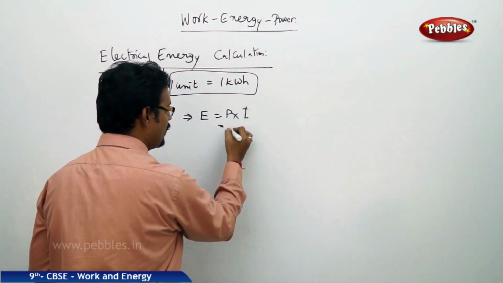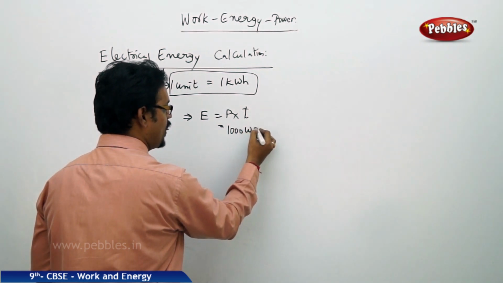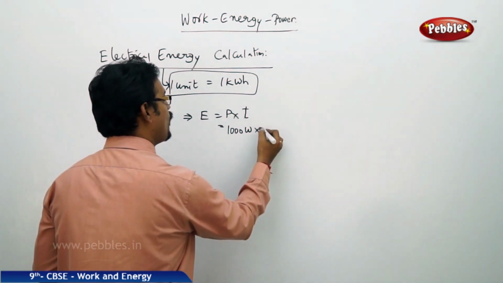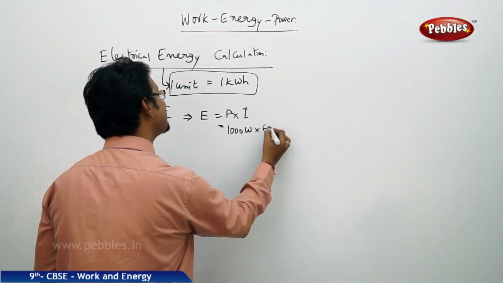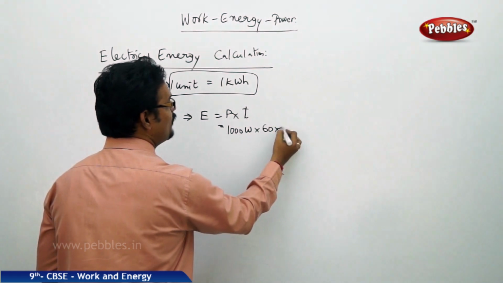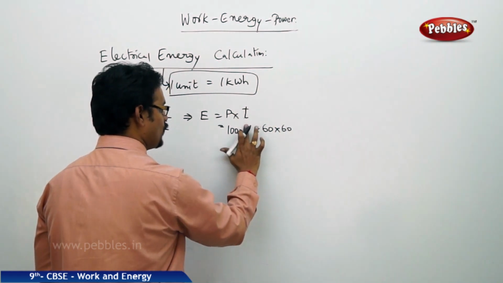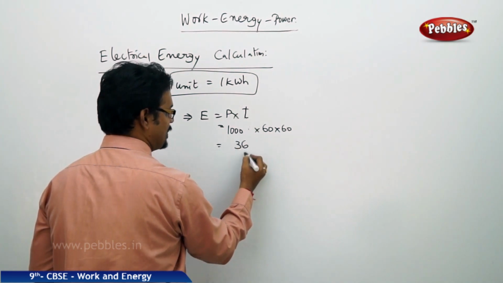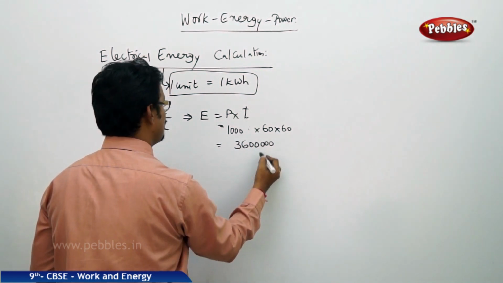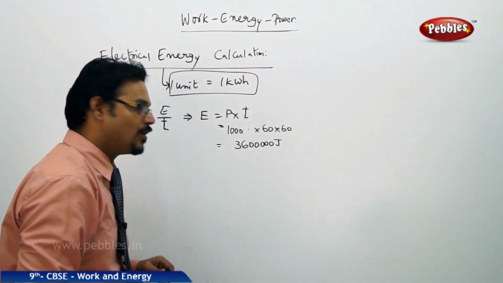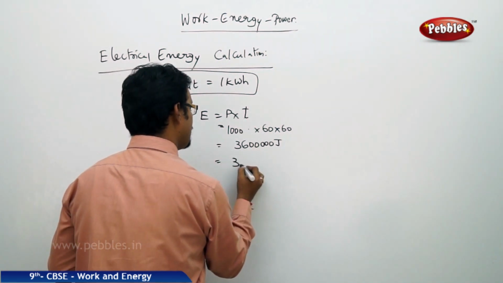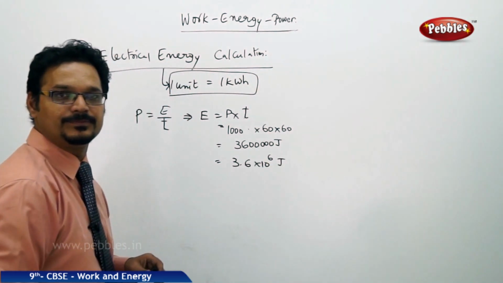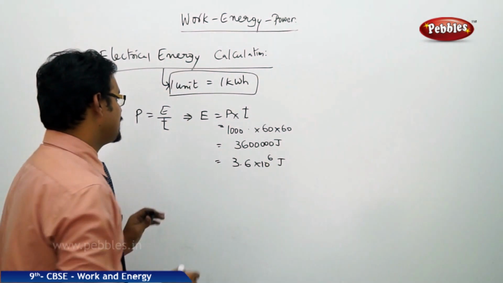Kilo means 1000 watt, into time, which is an hour. 1 hour is 60 minutes, 1 minute equals 60 seconds. If you calculate everything, you will get 36,000,000 joules, or simply 3.6 into 10 power 6 joules.